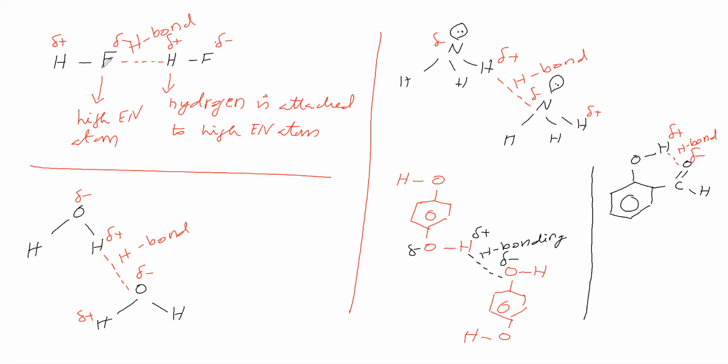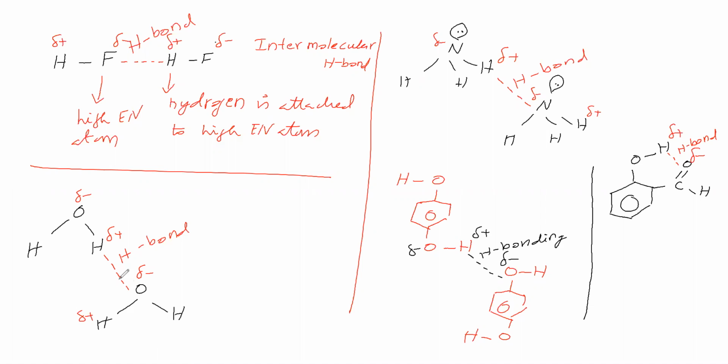So here, this HF is one molecule, this HF is another molecule. Between these two molecules hydrogen bonding is possible. This is called intermolecular hydrogen bonding. Intermolecular hydrogen bonding is nothing but hydrogen bond between two molecules. It is a water molecule, and another water molecule.